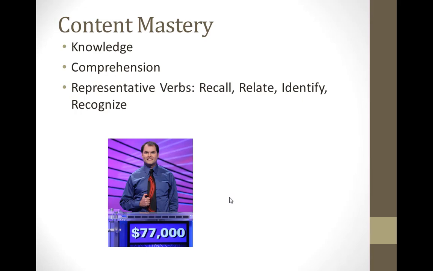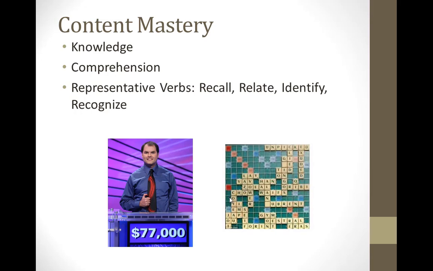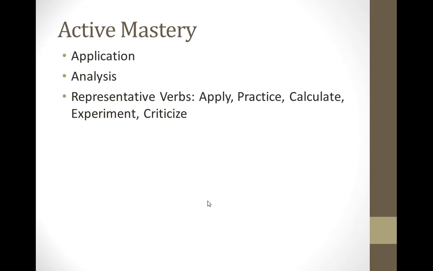They're going to be able to recall facts and figures, pieces of knowledge. Or somebody who's really good at Scrabble is going to have a big vocabulary, be able to recall a lot of words. In either one of these cases, does the player actually have to understand anything that they're recalling? They're just able to recall it.